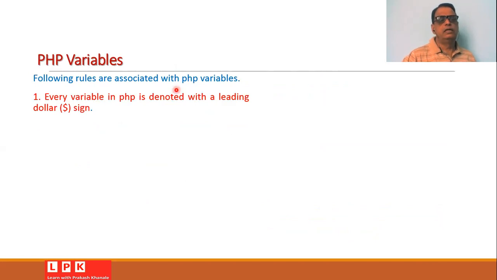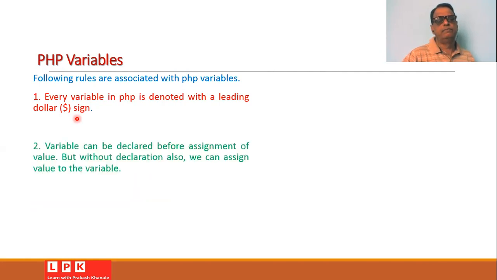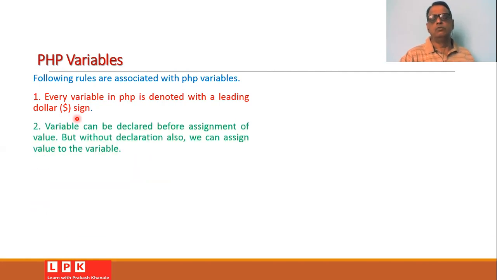The first rule is that in PHP, every variable is denoted with a leading $ sign. This is a rule which is normally not there in other programming languages. So in PHP, whenever you want to write any variable, you always have to start with a $ sign. This is the important rule.